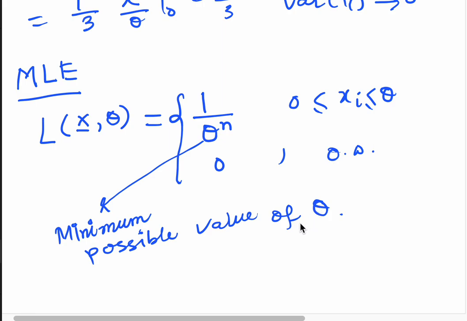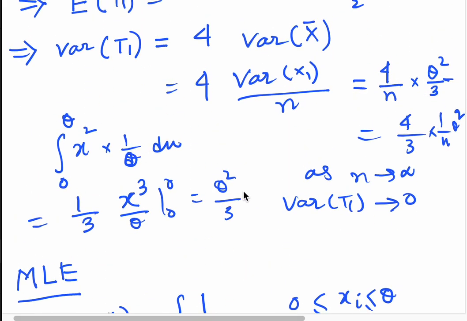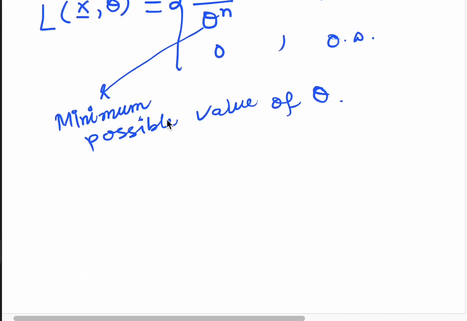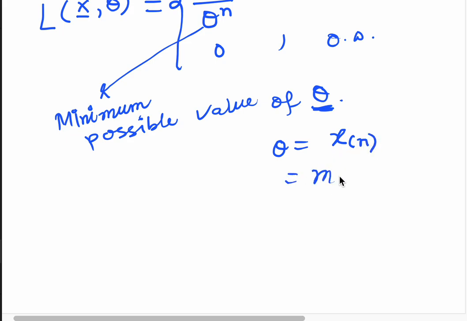Now one condition all the random variables should follow is that all variables should be less than theta. That means theta can be at least equal to the nth order statistic, that is the maximum among these numbers. So that will be the minimum value of theta.